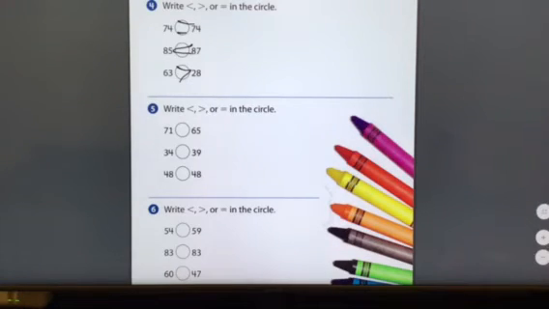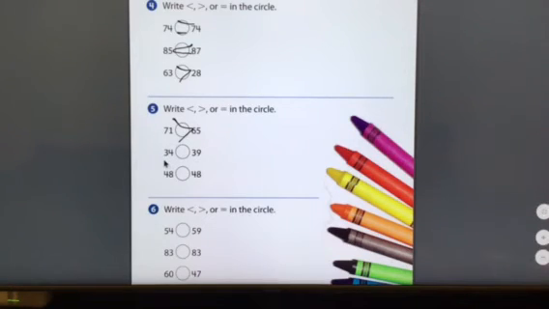Looking at number 5, you have 71 and 65. 71 has a 7 in the tens place, and 65 has a 6 in the tens place. 7 is greater than 6, therefore 71 is greater than 65. Then you have 34 and 39.